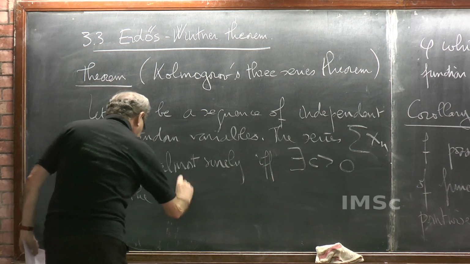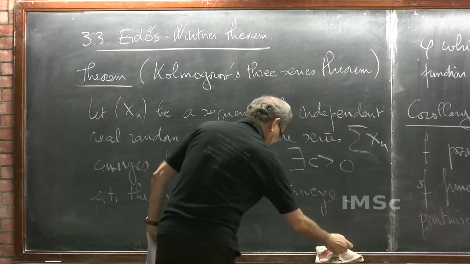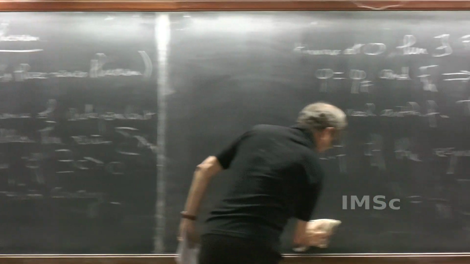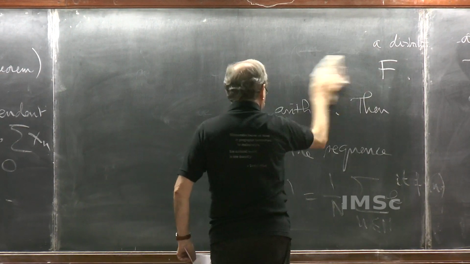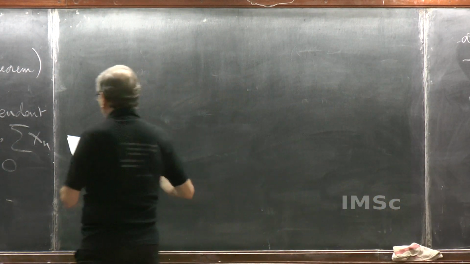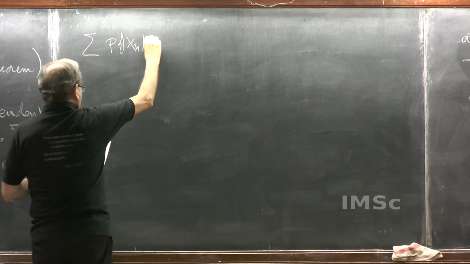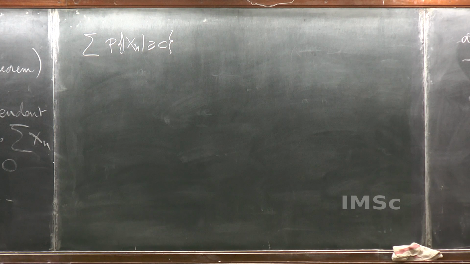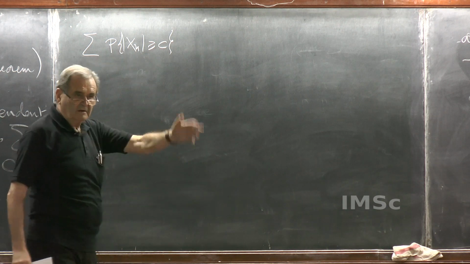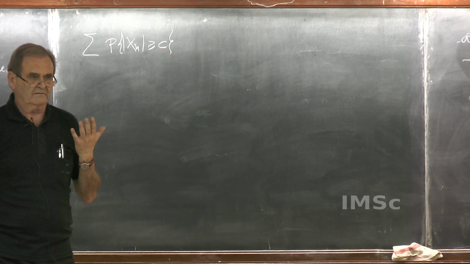the 3 following series converge. So now I tell you what the 3 series are. The first one is the probability that x_n is larger than C. Each time you have a random variable, you can measure how often it is larger than C. And of course, you expect that x_n is not too large, usually.